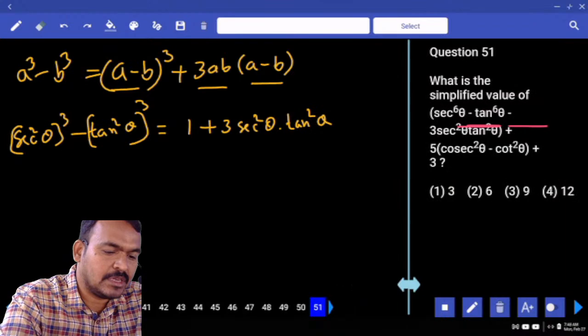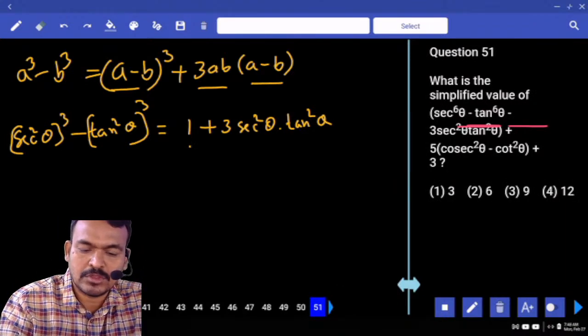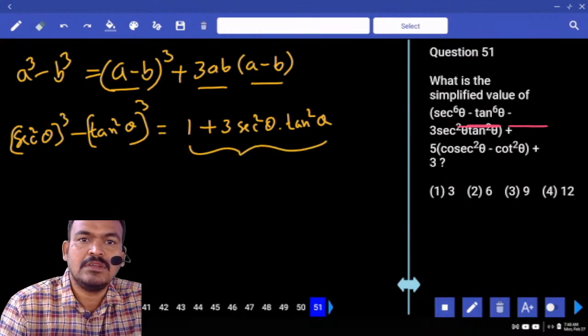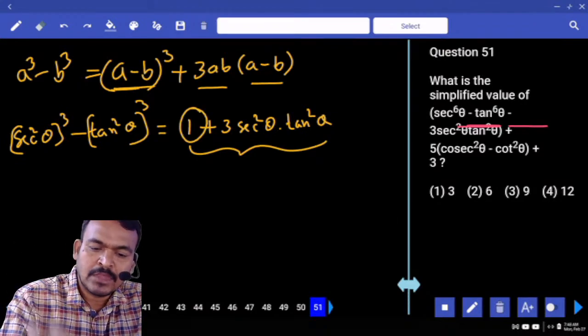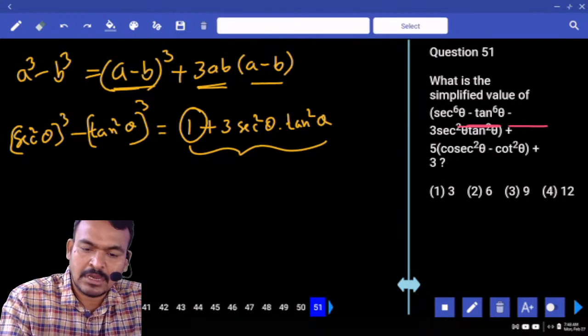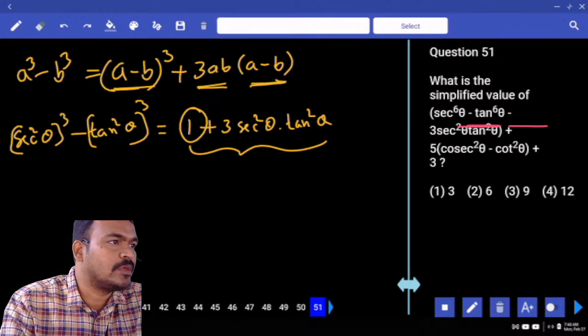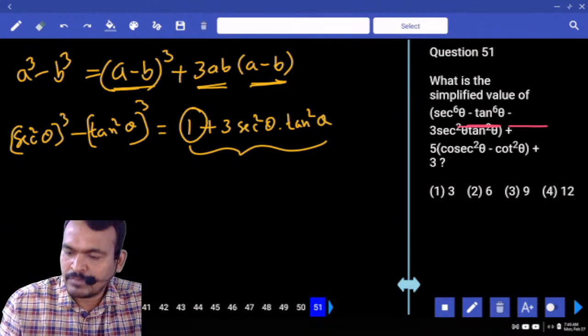In place of (sec²θ)³ − (tan²θ)³, the value is 1 plus 3 sec²θ tan²θ. (a − b)³ gives 1, and 3ab means 3 sec²θ tan²θ times (a − b), and sec²θ − tan²θ is 1.